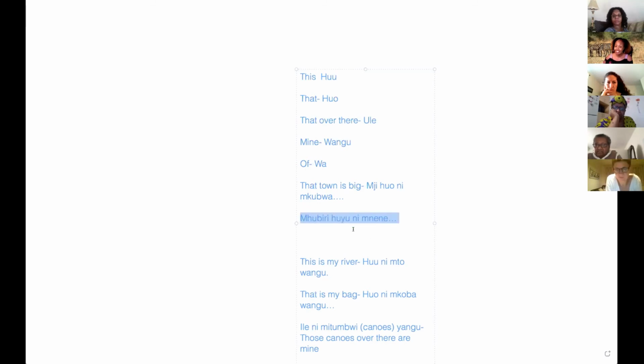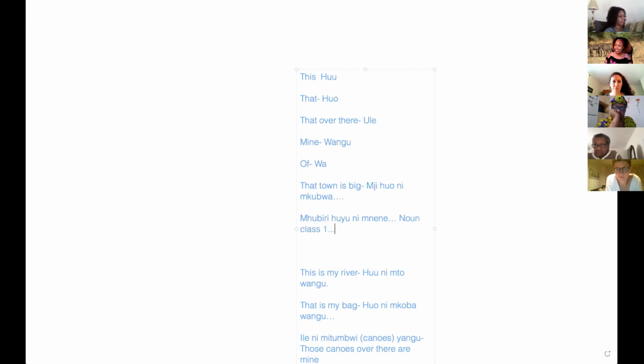It's not in the 3-4. Okay, this is in noun class 1. See, what you've just done right there is incredible, because you were able to look at that sentence and see that it doesn't match with what we are doing. So the more you learn the characteristics of different noun classes, you're going to be able to say, that is not right, it needs to be somewhere else. Yes, Cassandra.